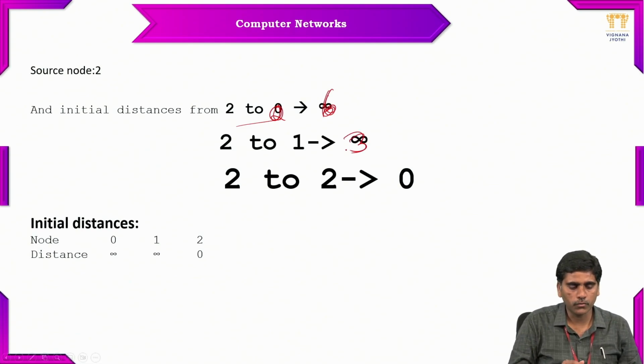This one. So now we need to find these distances from node 2. We need to calculate the smallest distance, right? Node 2 to 0 is infinity. Node 2 to 1 is infinity. And node 2 to 2 is 0.